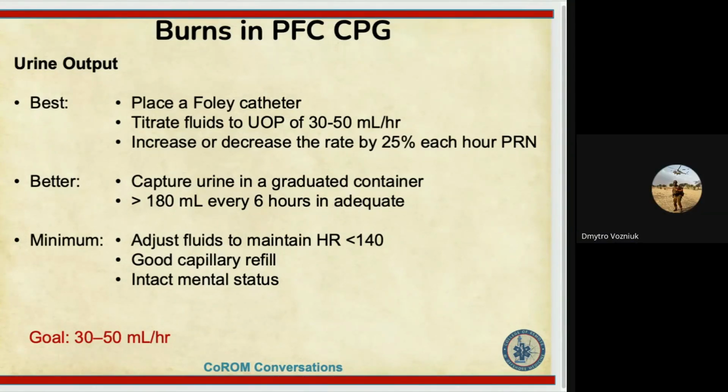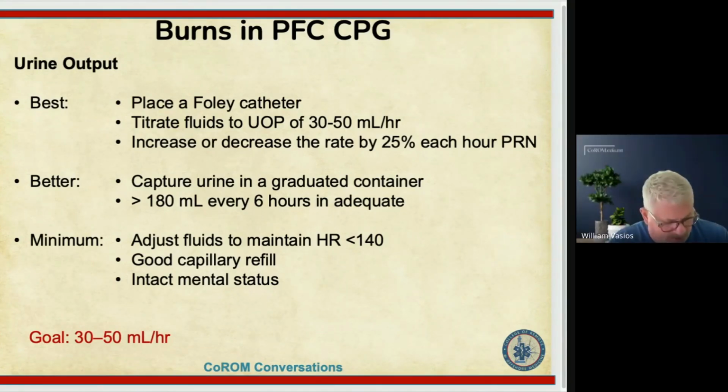So my question is, don't you think that for accuracy, it is better to use 0.3 to 0.5 milliliter per kilogram per hour, and then measure our urine output based on the patient's weight, which will be much more accurate than just 30 to 50 milliliter per hour?